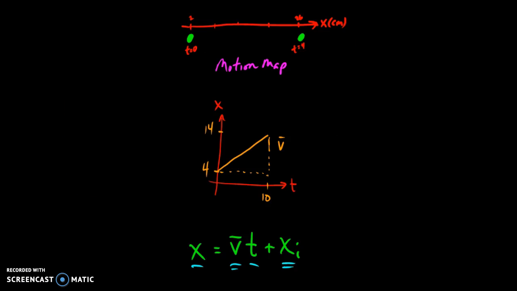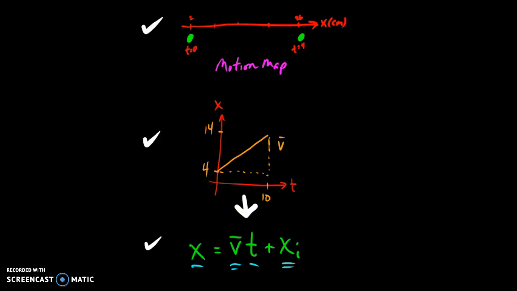So besides representing motion by describing it in words, we have a diagram, or a motion map, a graph, position time or velocity versus time, and an equation coming from the graph. In this case, this equation derived from the position time graph.